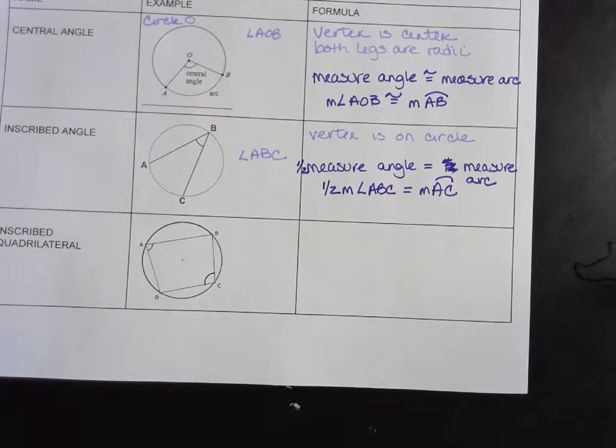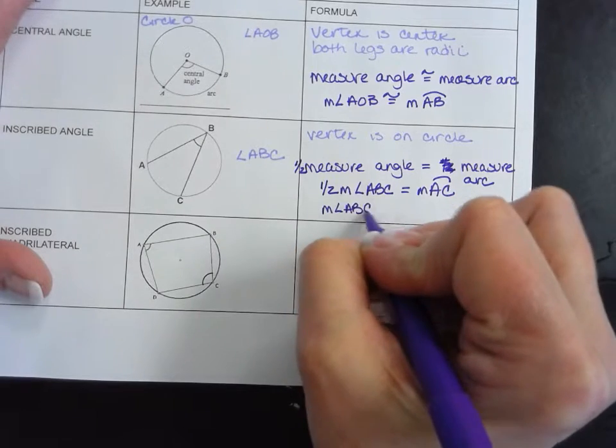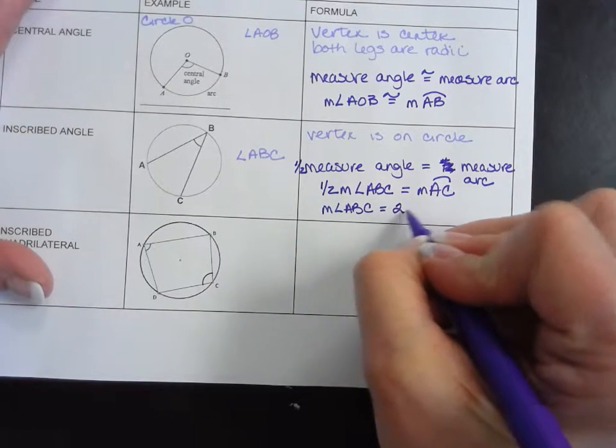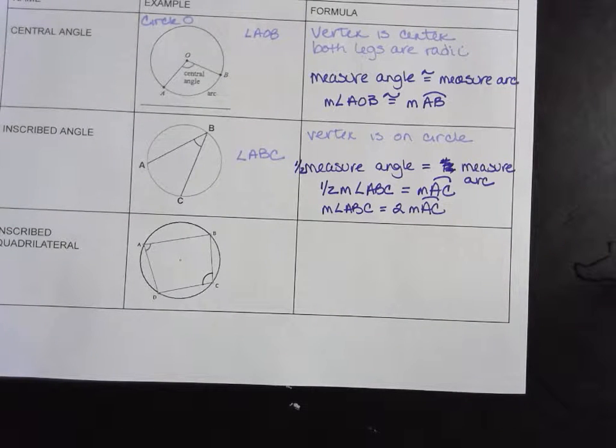What's another way to think about that? There you go, love it. So the measure of the arc AC is going to be equal to 2 times the measure of angle ABC. You guys are thinking.